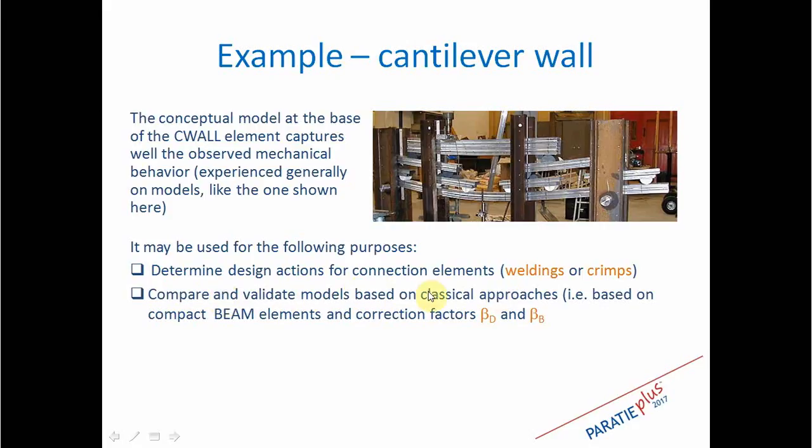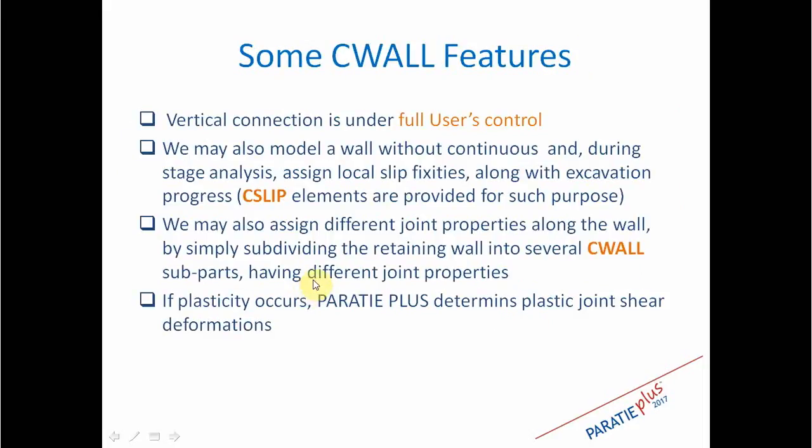So you can always use the classical approach, providing beta D and beta B factor and using ordinary beam element, but if you are not familiar or confident with that value, you can also try to figure what happens with the CWALL element.